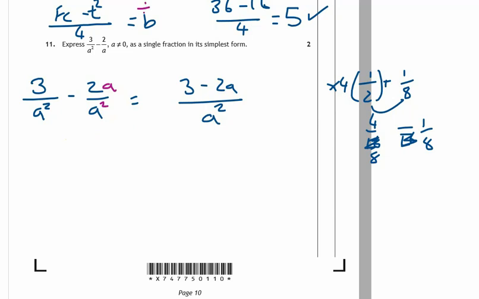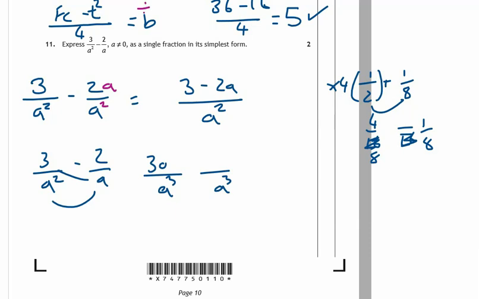The only thing I was saying you could have done is smile and cross. Okay, so you could have said, if we do smile and cross, we're going to end up with 3 over a squared minus 2 over a. So if we do our cross like that, we're going to get a cubed and a cubed. Okay. And then this is going to be 3a, 3 times a, and then minus 2a squared.